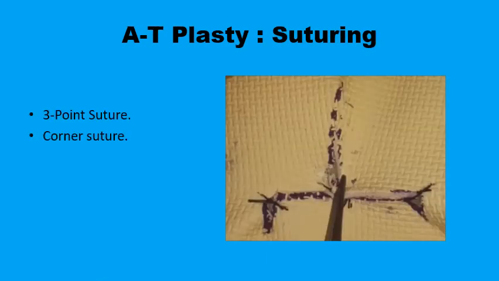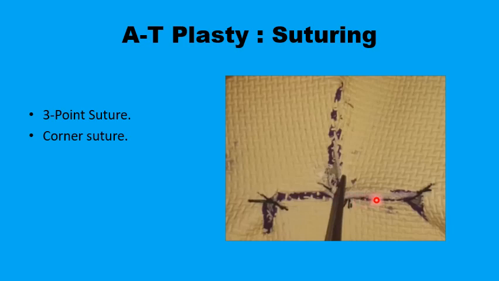With the well-designed dimensions and angles of the triangular defect, there should not be much tension in closing the vertical and most of the horizontal bars of the T. This vertical shaft can be closed either by interrupted sutures or subcuticular suture, and the same applies for most of the horizontal part.